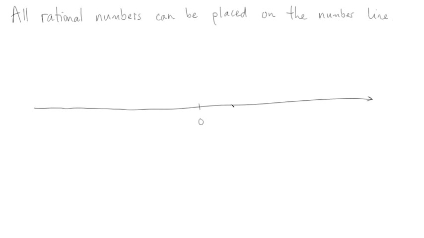We have 0 in the middle, 1, 2, 3, 4 positive numbers on the right and negative numbers on the left.